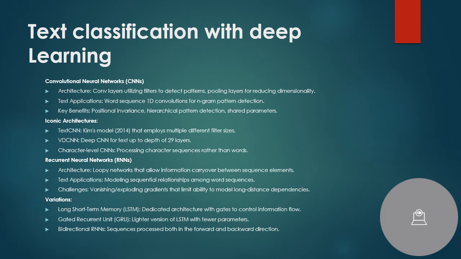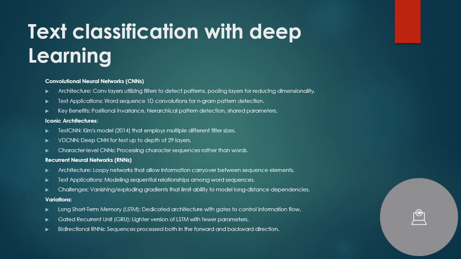VDCNN is a very deep CNN for text, and there are character-level CNNs which process text at the character level. And RNNs are designed to process sequential data. They have loops that allow information to persist and are also suitable for modeling sequential relationships in data.